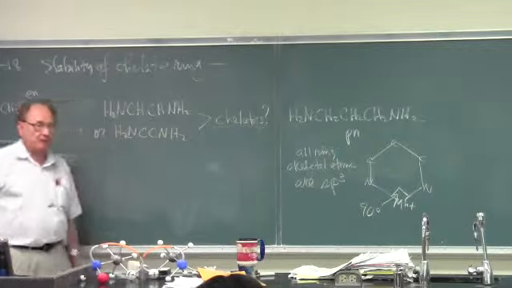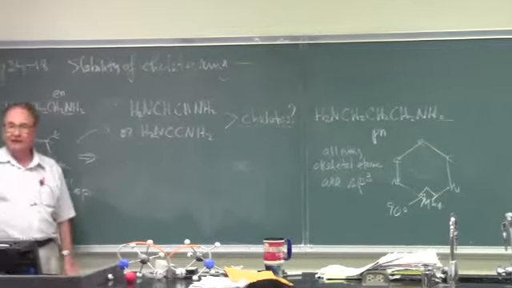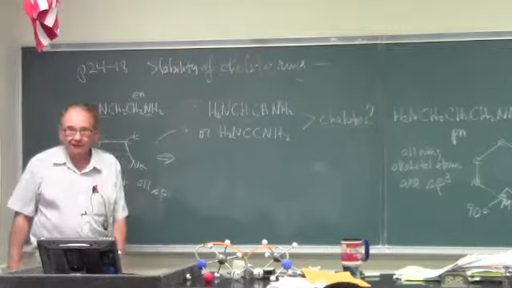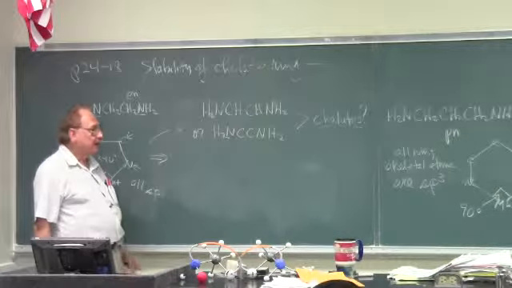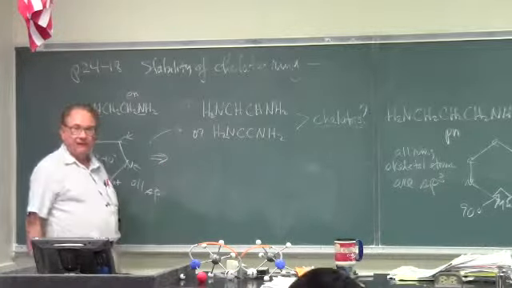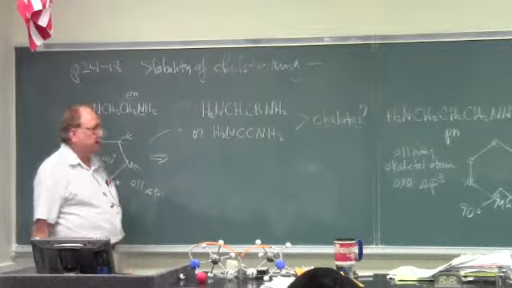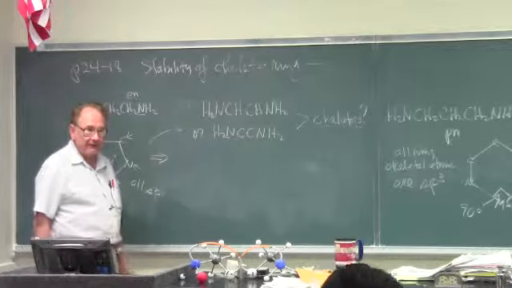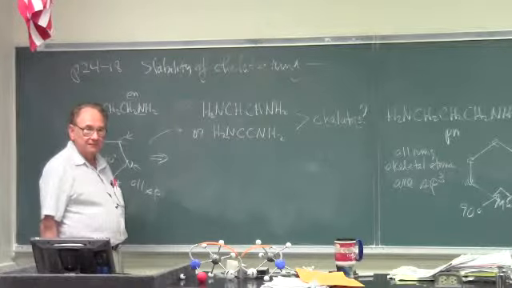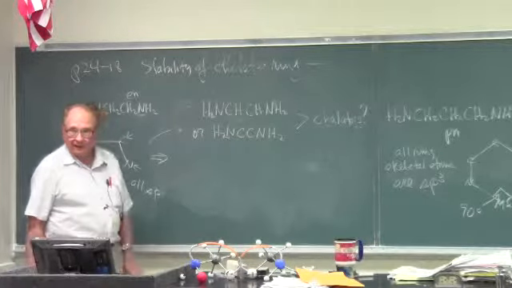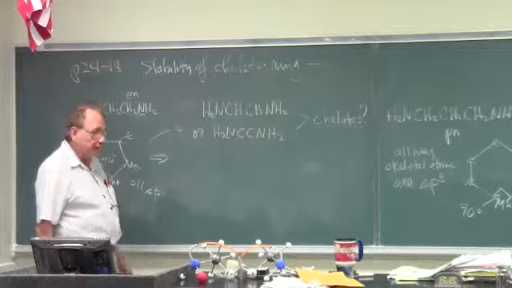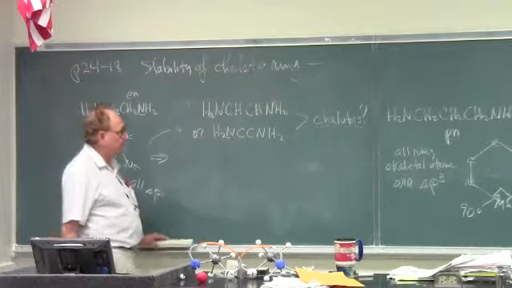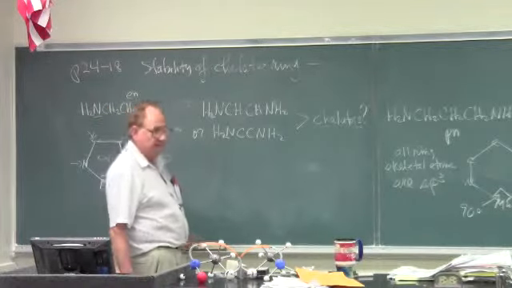For each of these molecules, we'll ask the question, chelators. What do we think about the ability of these molecules to form chelate rings? Clearly, they've got 2 nitrogen donor atoms. So in that regard, they can be chelate ring formers. Well, what do you think about the actuality of this?